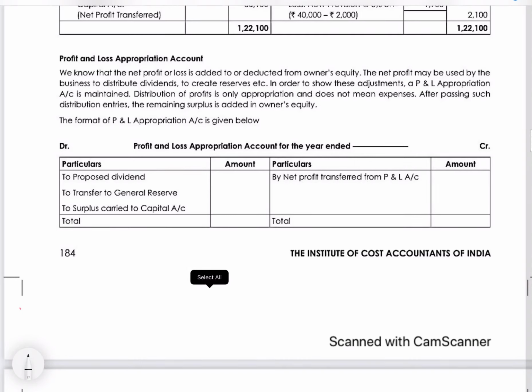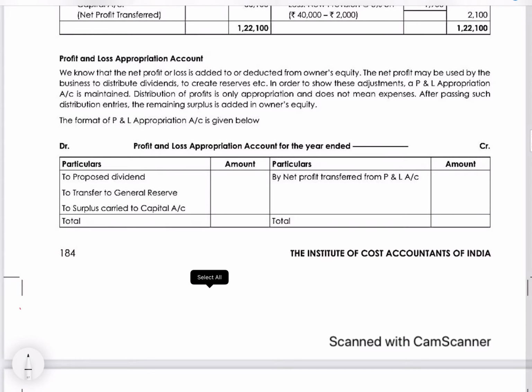Till now we understood how to prepare the trading account and P&L account, and how to arrive at the net profit. Now the next step is to prepare the P&L appropriation account, that is, the profit and loss appropriation account. Here we are not booking actual expenses.